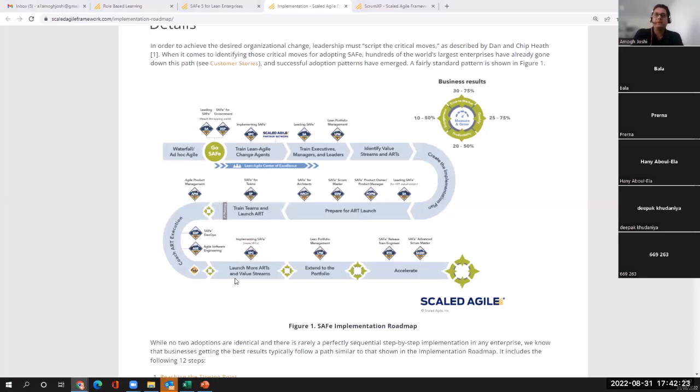Probably as a next step, you can launch more trains in the same portfolio or same value streams, and then extend it to the portfolio as we show in the bottom line of the implementation roadmap. Okay, thank you, Amogh. So as and when required, we can make the changes. Yes, you can just keep on improving on it.